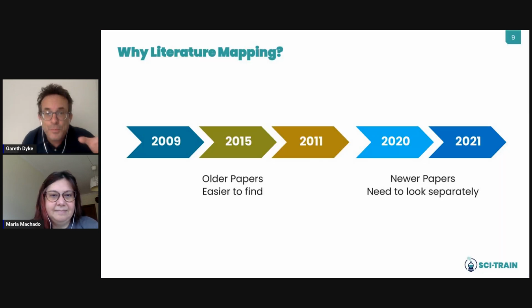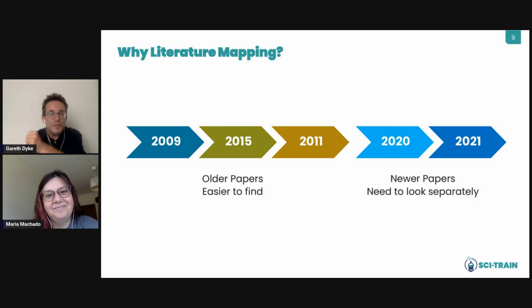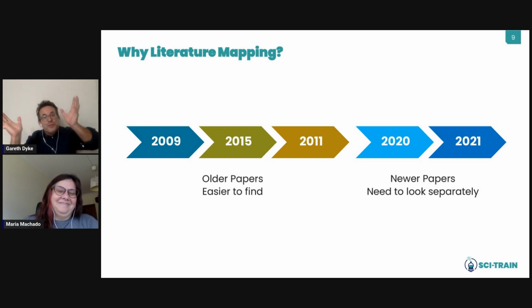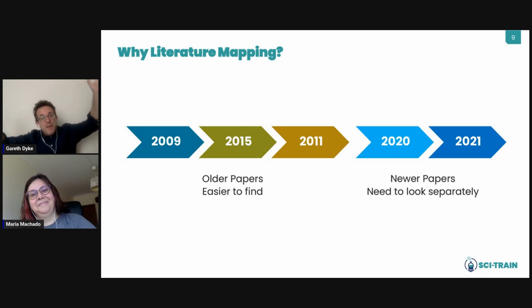Literature mapping, as Maria has just been saying, is very, very important, because as research material gets more recent in the literature, you're going to have to spend more time searching. Why is that? Well, there's just more and more literature being published every year.